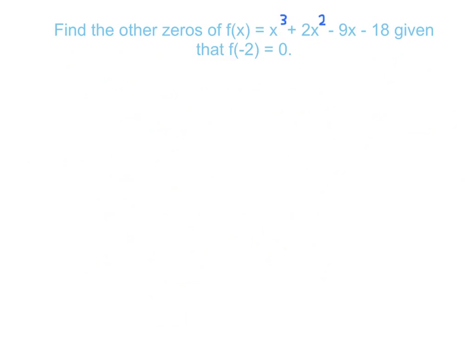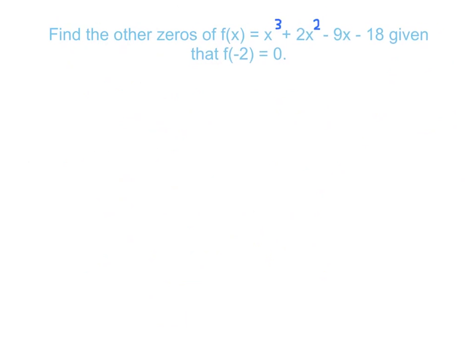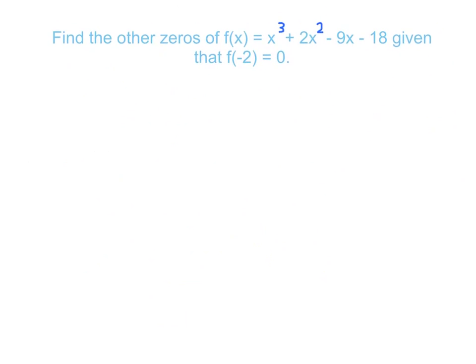Find the other zeros of f of x, given that f of negative 2 equals 0, which means I have a solution at negative 2, 0. So I'm going to synthetically divide negative 2 into 1x cubed plus 2x squared minus 9x minus 18.